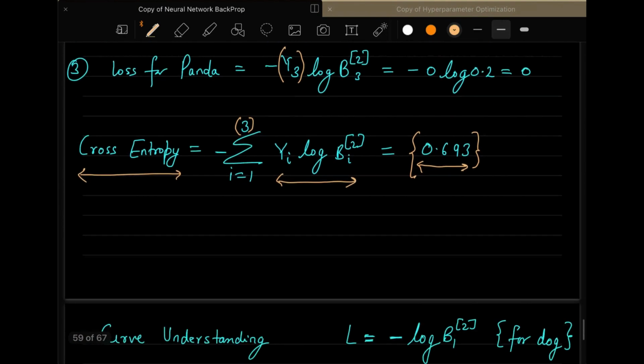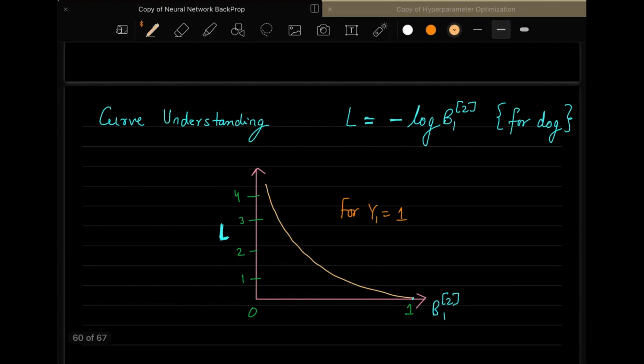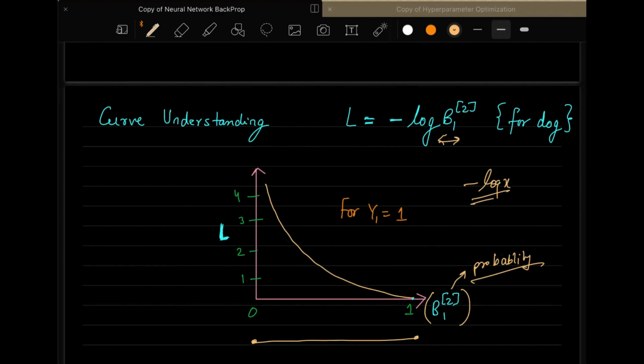So I am not putting it as 0.5, which is the specific case I discussed in our last slide, but varying it from 0 to 1. Why will it be at most 1? Because it's actually a probability. That's why its value will range from 0 to 1 and it cannot exceed 1. If you plot the value of minus log x, it will be like this, which is given over here.